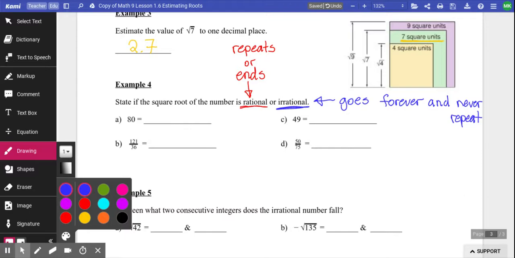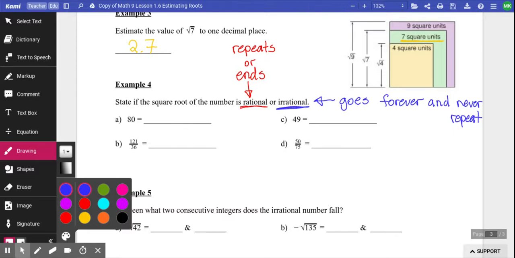Typically, you get irrational numbers by square rooting non-perfect squares. Sometimes there's some that work out, right? That you square root a weird number and it still comes out as a rational, but those are pretty rare. The only ones that typically come out nice are your perfect squares. So we're going to do a few together just to see what they come out as.